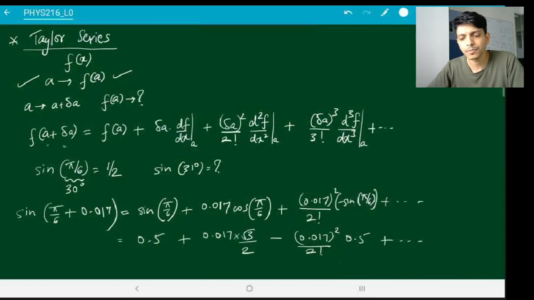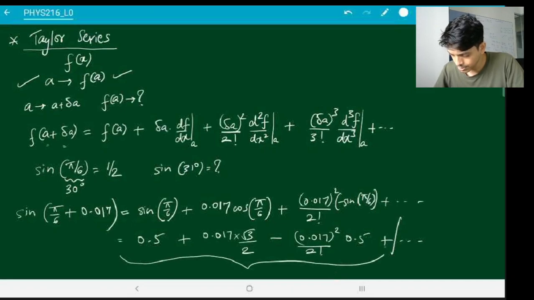So you can keep evaluating these terms as far as you go. Each term is going to be smaller than the previous one. Now, of course, we can't calculate terms all the way to infinity, so we have to stop somewhere. Then we will say that this is our approximation to sine 31. And this part that we have thrown away is what we call the error.